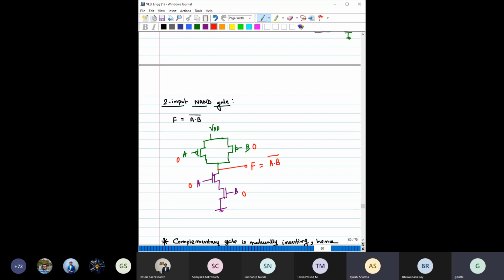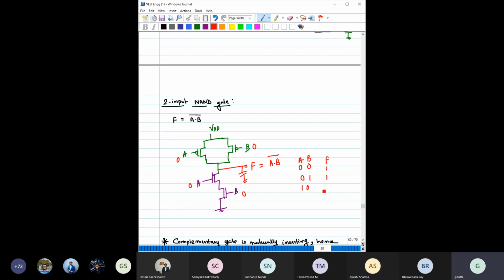The output would be 1. I mean, the capacitor would charge and the output would be 1. Okay, so let us write that. So the output would be 1. For the next case also, it would be 1.